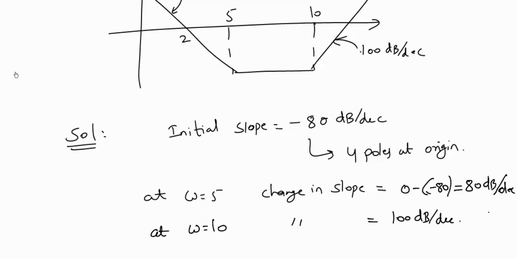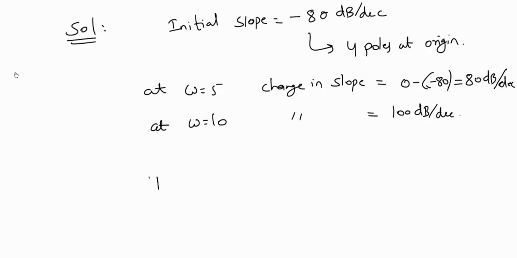So now we can write the transfer function directly. The transfer function will be k into, at origin we have 4 poles, so I have s power 4.